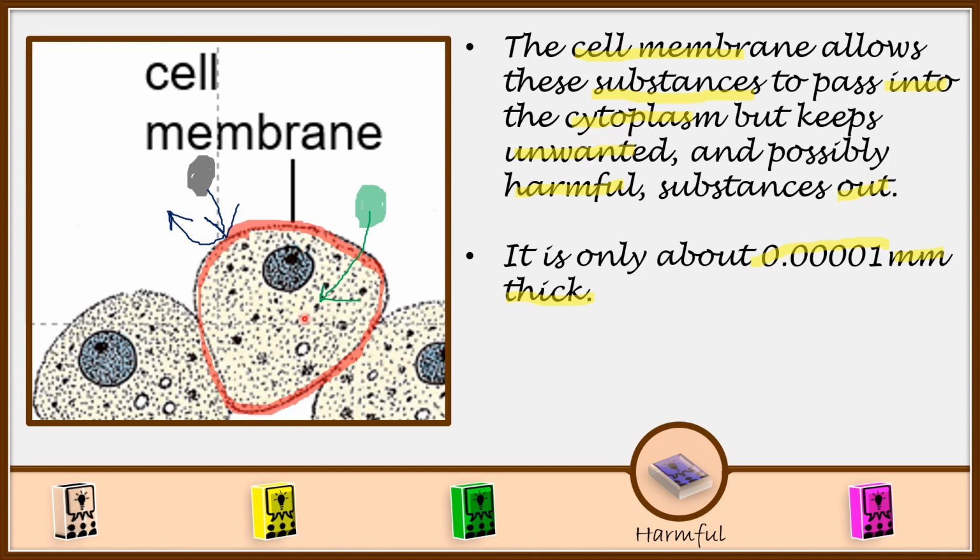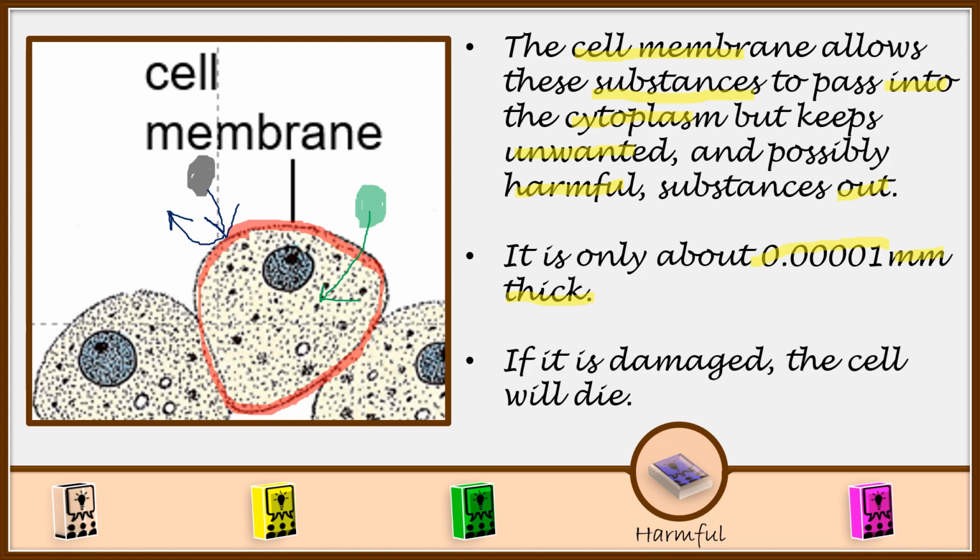About 0.00001 millimeters, that is the thickness of the cell membrane. If it is damaged, then the cell will die.